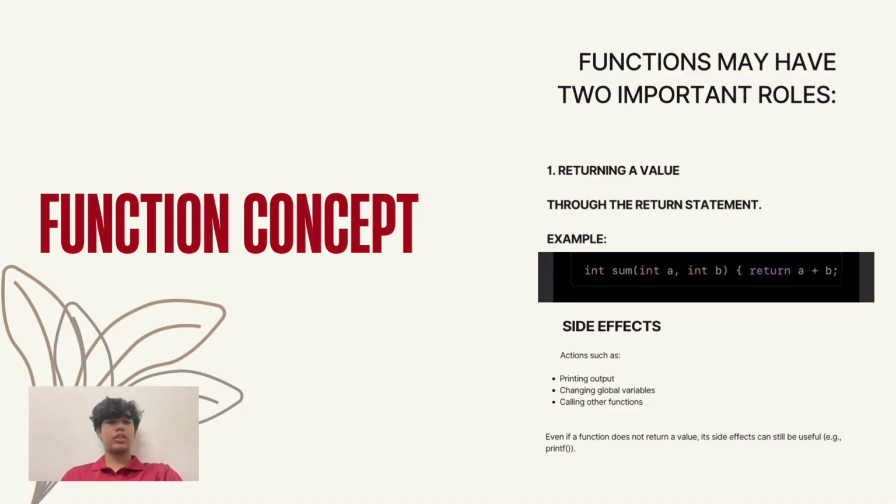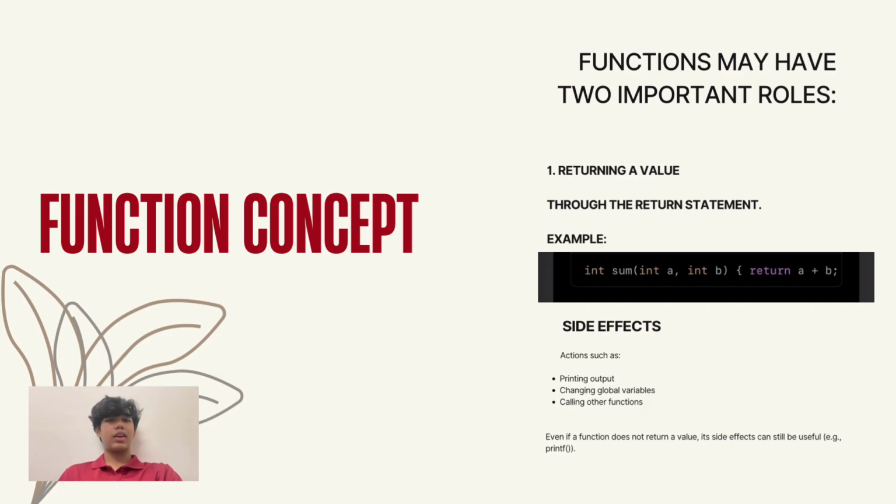When a function returns a value, it sends the result of computation back to the calling function. This return value can be stored in a variable and used in further calculation. Returning a value allows a function to perform meaningful operations and provide results that are essential for program logic.